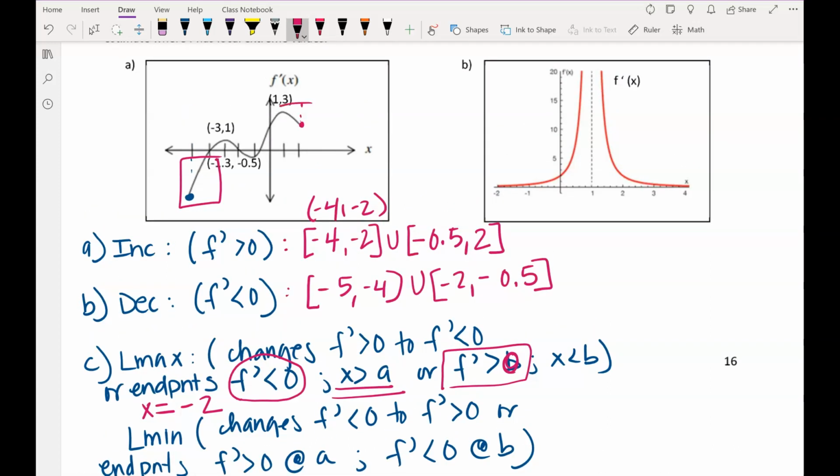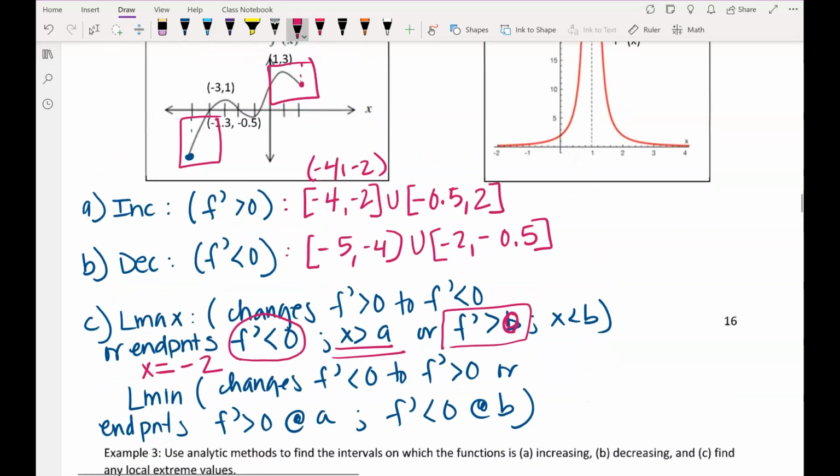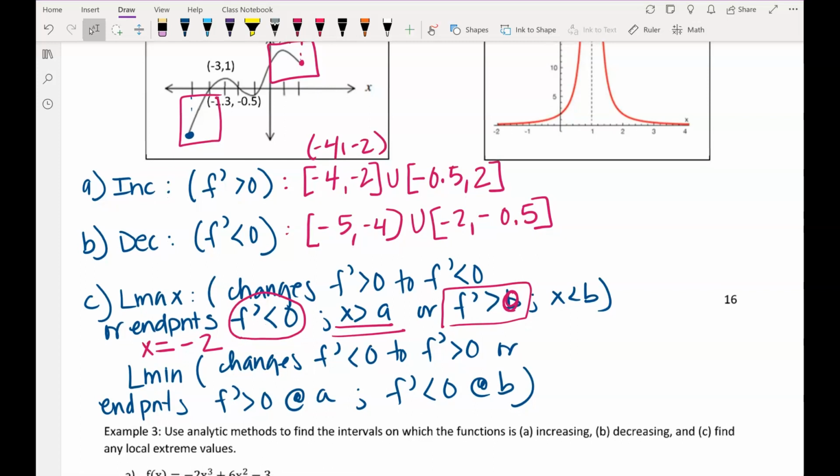Is this positive at prime? So both endpoints, students, are going to be your local max. So -2, 2, and -5. Those are all local max.